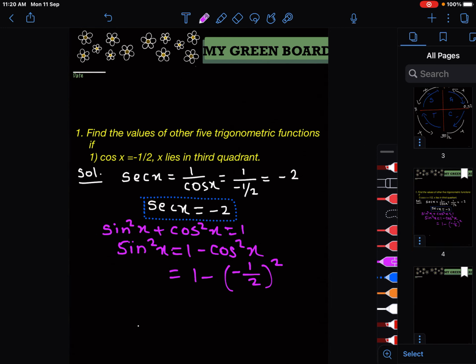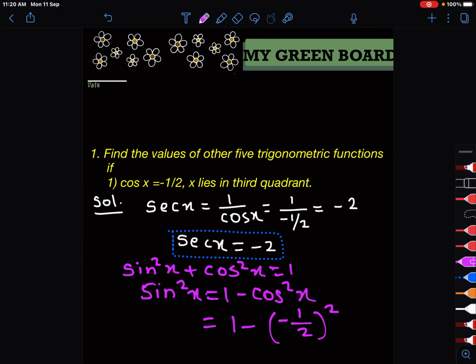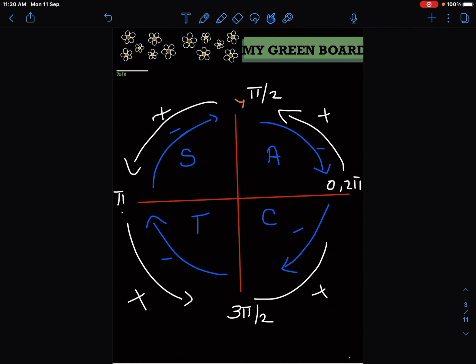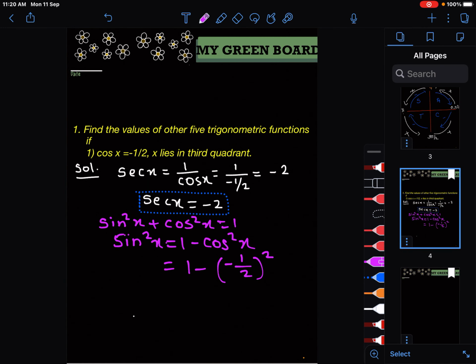As simple as that. The answer would be sin square x is equal to 1 minus 1 by 4, which gives 4 minus 1 by 4. So ultimately sin square x is equal to 3 by 4.